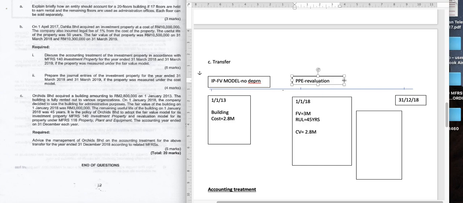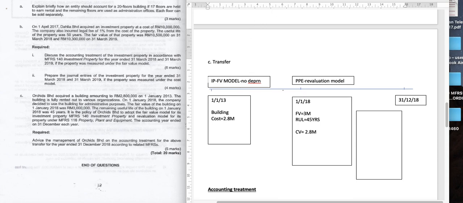So that means you will use the fair value for the PPE. So the accounting year end on 31st December each year. So advise the management on the accounting treatment for the above transfer for the year ended 31st December 18.